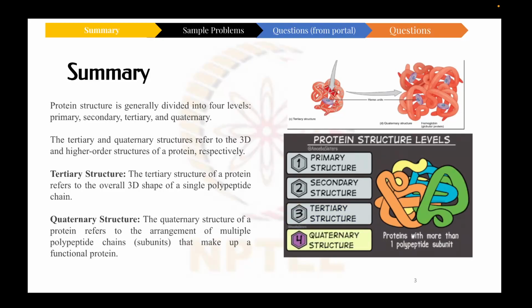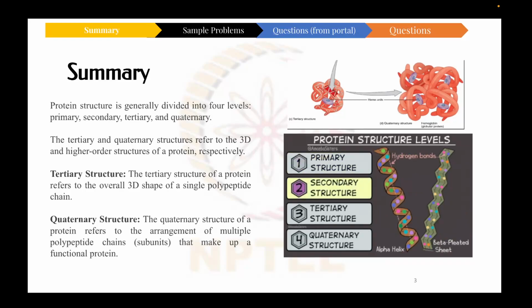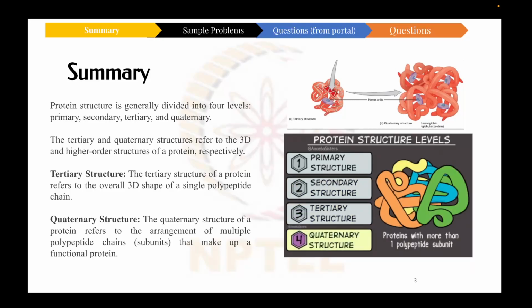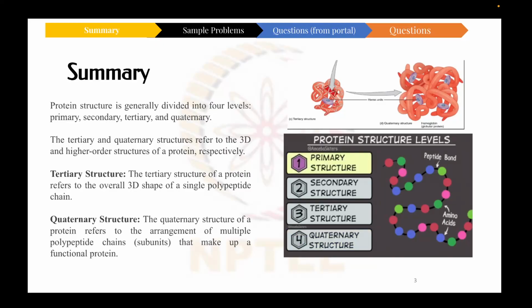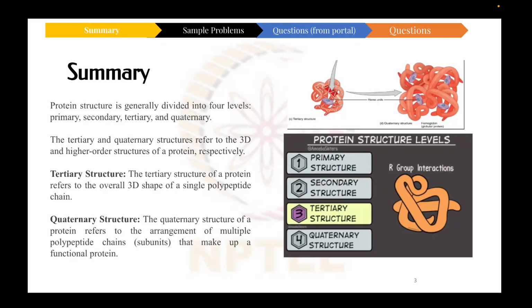In this level of organization, the tertiary structure of a protein refers to the overall 3D shape of a single polypeptide chain. This structure is determined by the interactions between the side chains of the amino acids that make up the protein. The side chains can interact through a variety of chemical bonds and forces, including hydrogen bonds, hydrophobic interactions, electrostatic interactions and disulfide bonds.